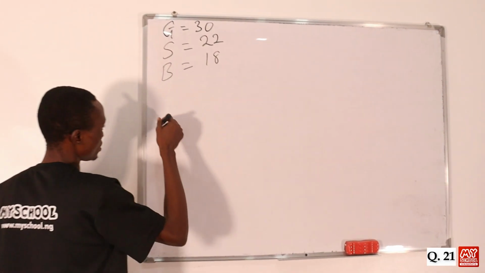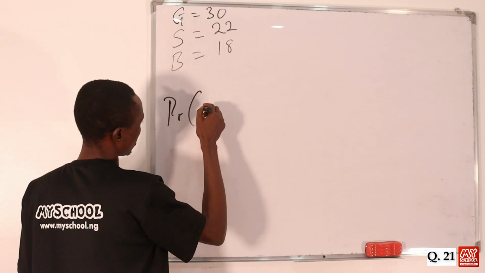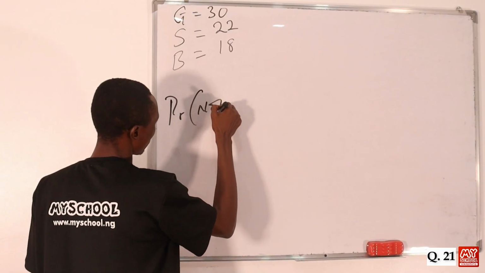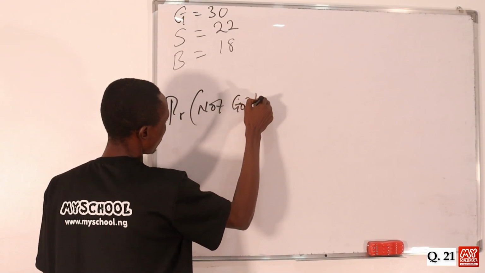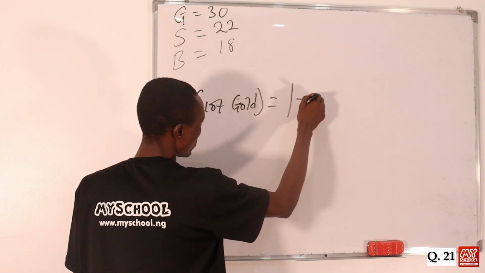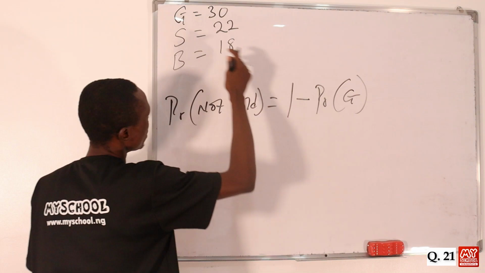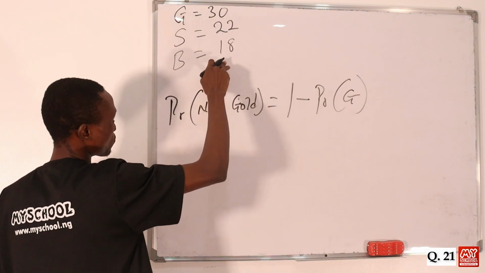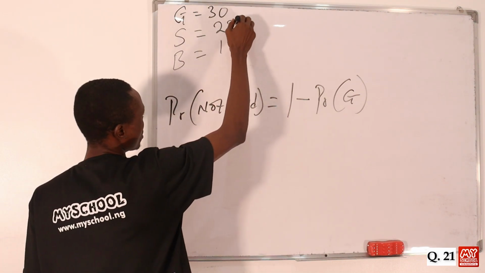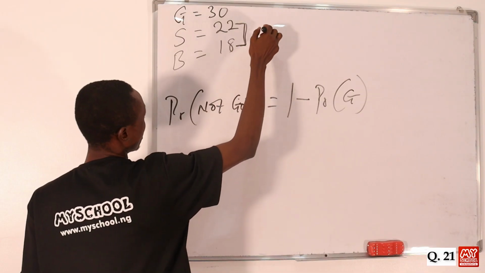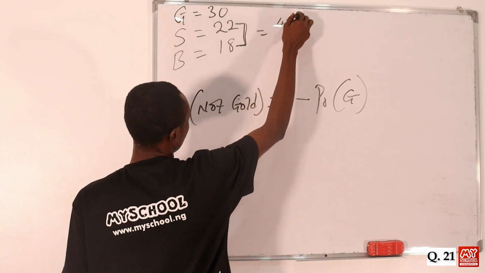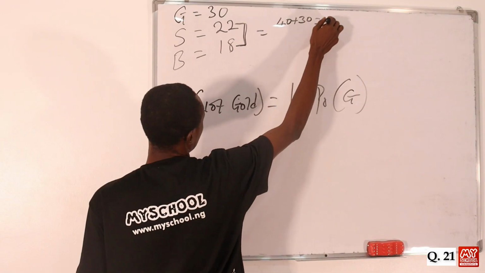Okay, so the probability that it is not gold will be equal to 1 minus the probability that it is gold. So here let's get the total number of medals. 22 plus 18 will be equal to 40, then 40 plus 30 will be equal to 70.